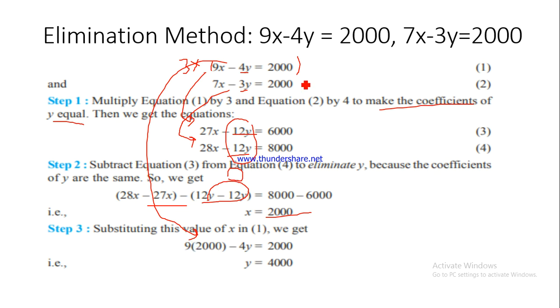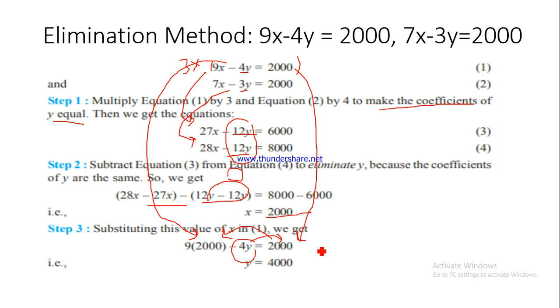The right hand side remains like that, 2000. And what do I do now? Side change. So minus 4y goes to the right side and becomes 4y, while this 2000 goes to the left and becomes minus 2000. So 9 into 2 is 18,000, minus 2000 becomes 16,000. So y would be equal to 4000.